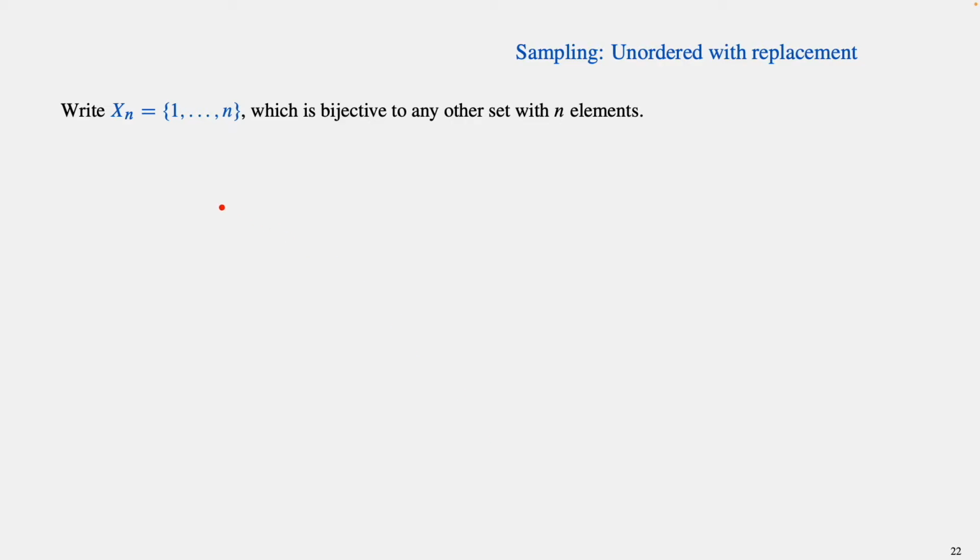How do we do this? First I write X_n for the set that contains the numbers from 1 to n. And this is bijective to any other set with n elements, so I just use this set to stand in for our sampling set.